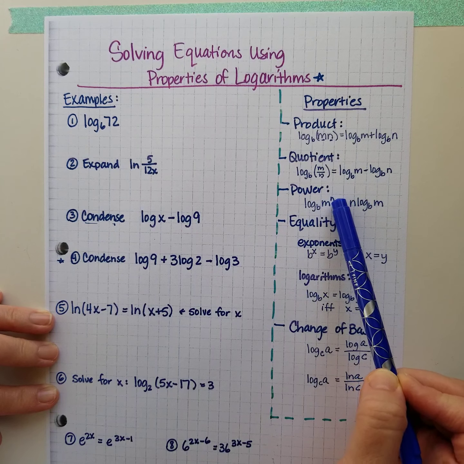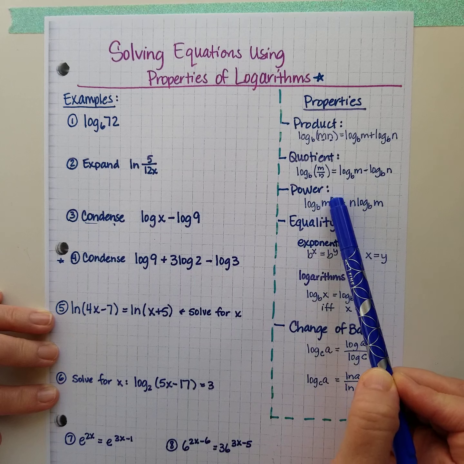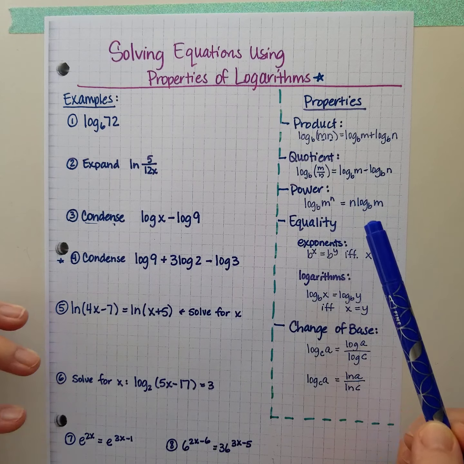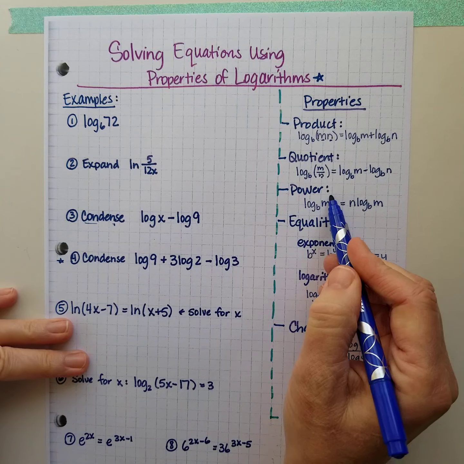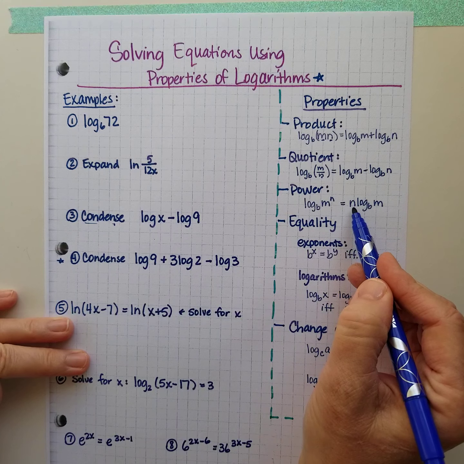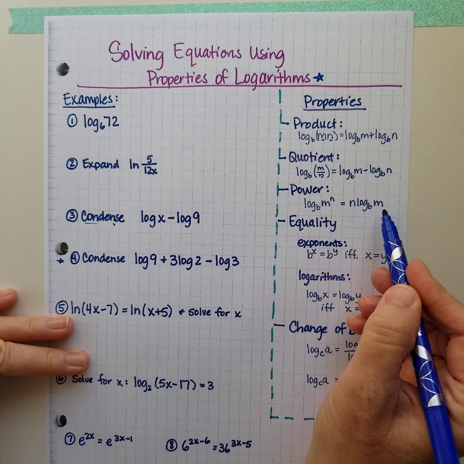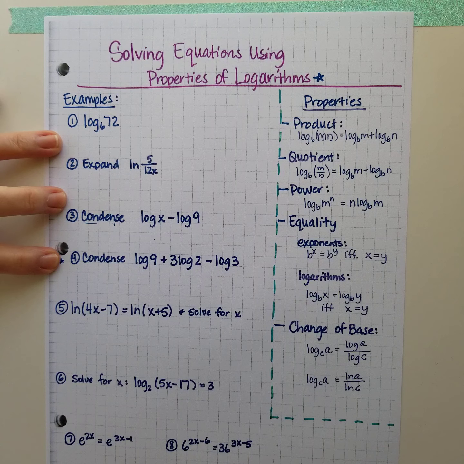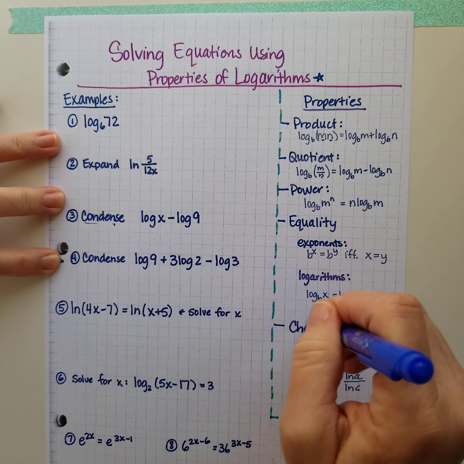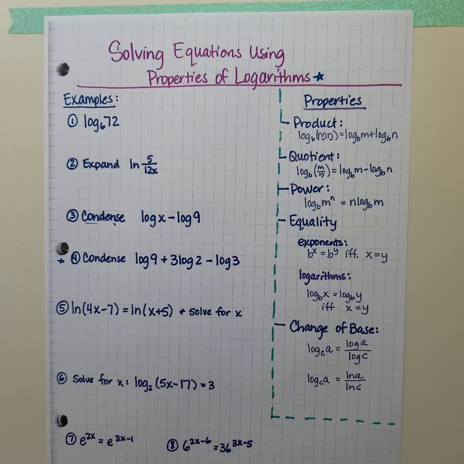This n can come out front, travel to the front, and become n times the logarithm. So these properties, product, quotient, and power, help us solve a lot of problems with logarithms. That's going to be the first 4 problems. Let's work on those, and then we'll talk about these other properties and work on the rest of these problems.